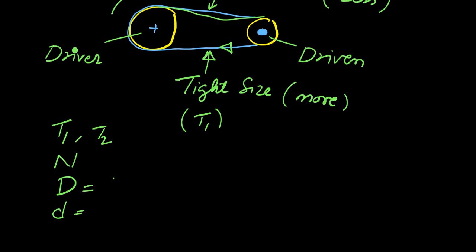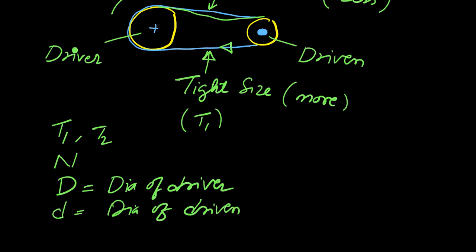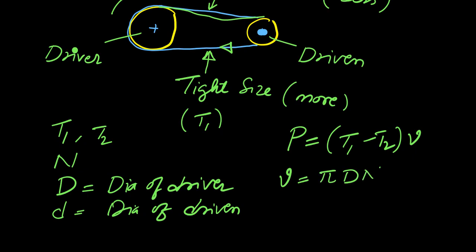This is the diameter of the driver, and this is the diameter of the follower or driven, and you need to find the power transmitted by the belt drive. So P is equal to (T1 minus T2) into V. The sliding velocity V can be taken as V equals pi d n by 60, in meter per second.